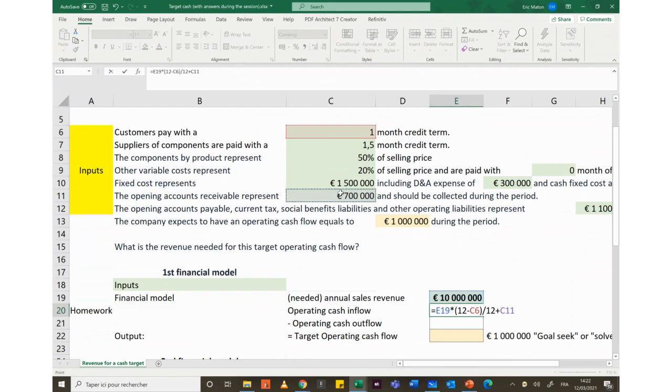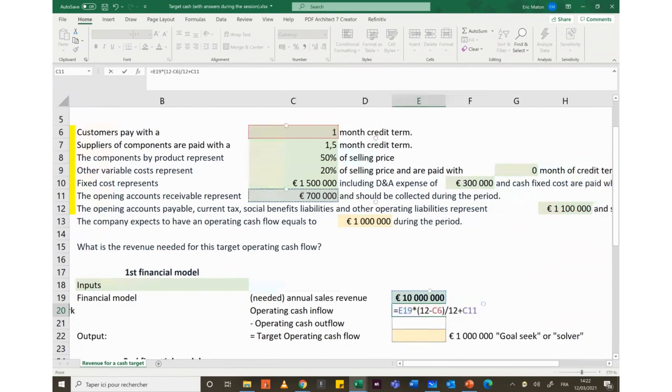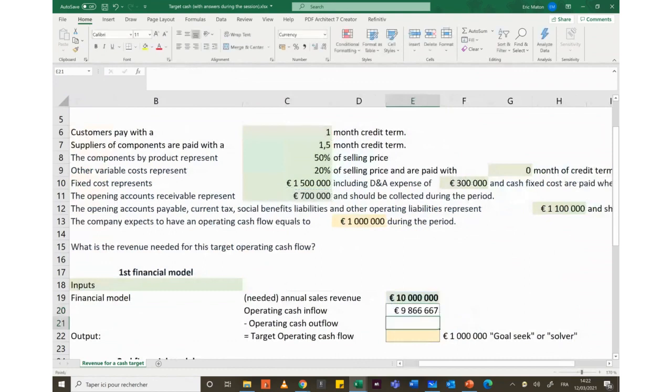Here I can reduce if I have some bad debt expense, and I want the part I will collect. So I suppose I will collect the 700,000. So this is the operating cash inflow: one part in function of the revenue, and the rest is fixed because of the past transactions.